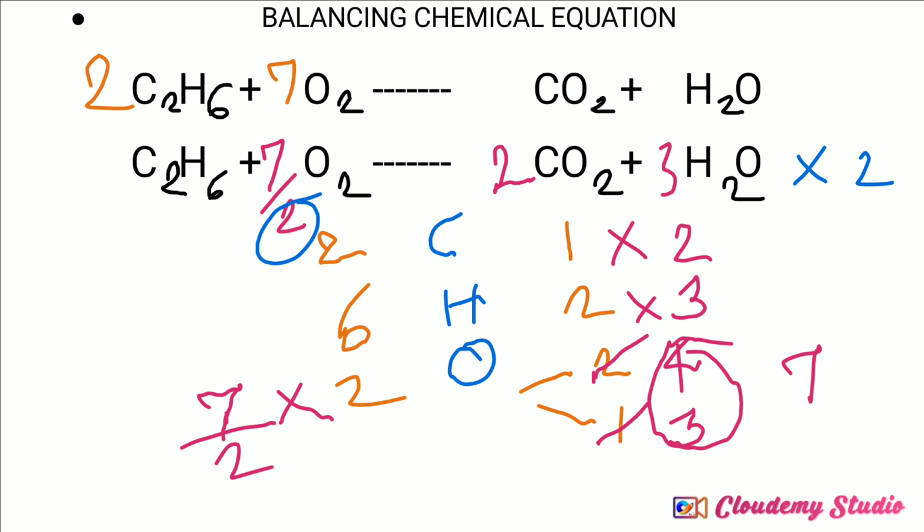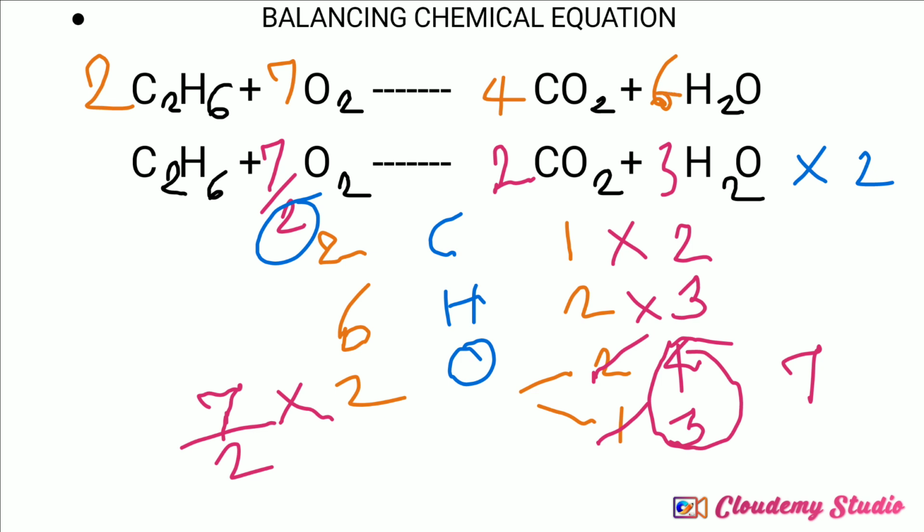And here 2 carbon dioxide. This 2 carbon dioxide we need to multiply by 2. So therefore it will become 4 carbon dioxide. In water molecule, the coefficient 3 is there. That has to be multiplied by 2. So the answer will be 6.